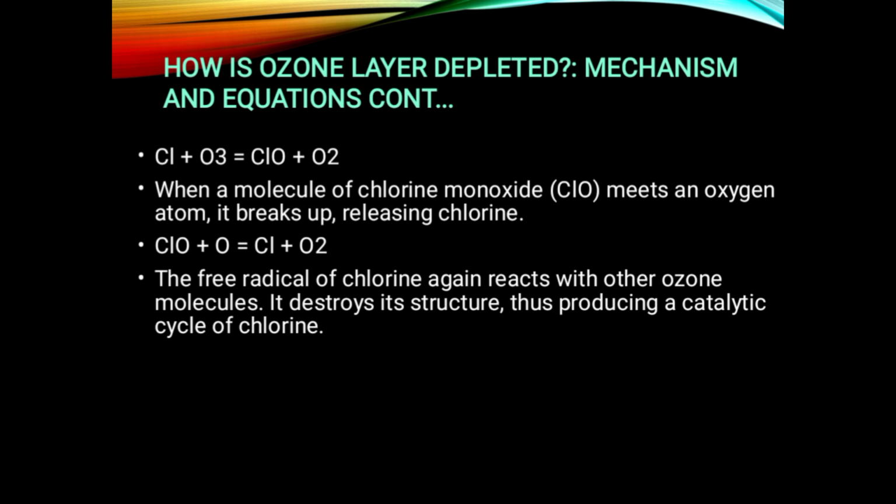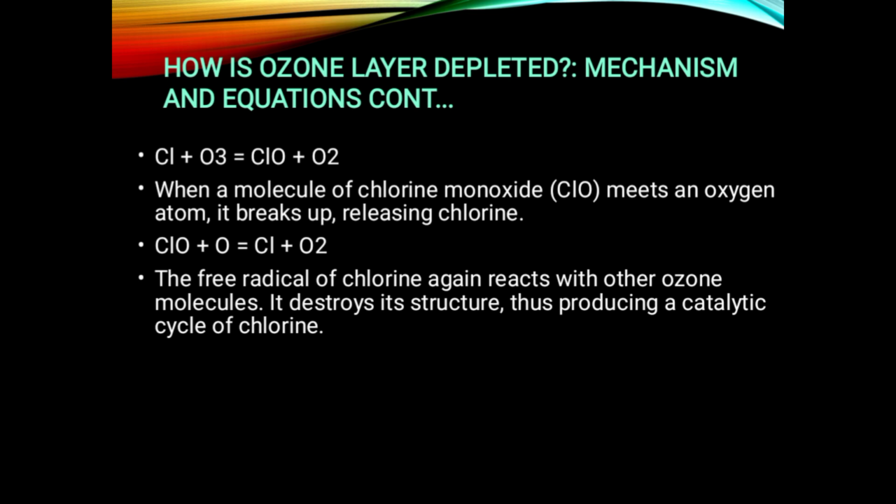Still looking at mechanisms and the question, how is the ozone layer being depleted? What really takes place? So the chlorine monoxide that has been released during that depletion process interacts with other oxygen atoms within the stratosphere, and then there's a breakage again.